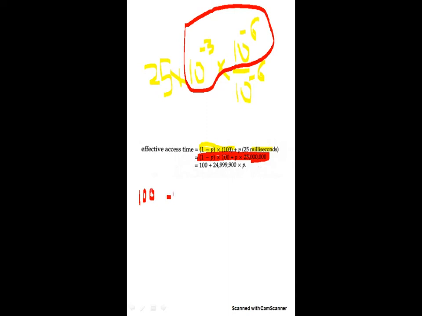Okay, minus P into 100, okay, plus 25 6 zeros, 1 2 3 4 5 6 zeros into P. Now 25 6 zeros, you subtract minus 100.